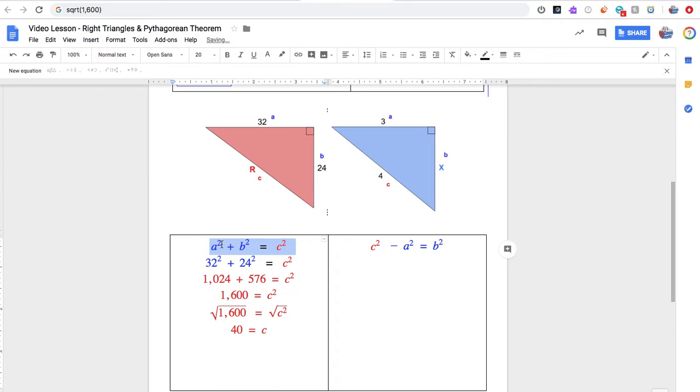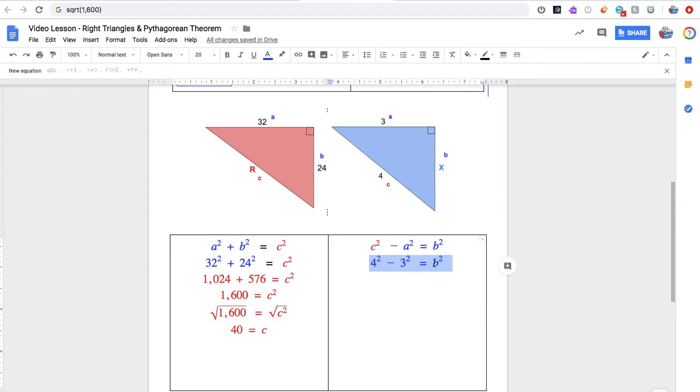I could use the formula a squared plus b squared equals c squared, but whenever I see that the b, or the a, is the unknown side length, the shorter side, I use the other formula because it's just a little easier. I'm going to go ahead and substitute in the two variables I know. C is going to get replaced by 4, and A is going to get replaced by 3. And now you can see why we prefer this formula when an unknown side is a leg.